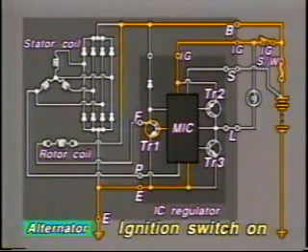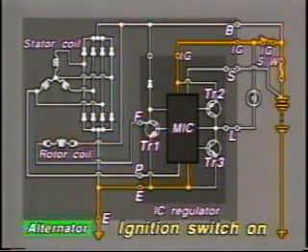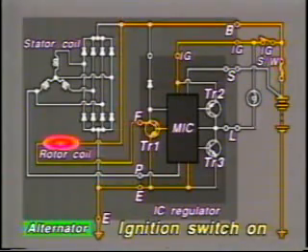As a result, the current from the battery goes through the terminal B to the rotor coil, which is consequently magnetized. At this moment, to control the discharging of the battery, the MIC keeps the current to the rotor coil below 0.2 ampere by repeatedly switching transistor TR1 on and off.